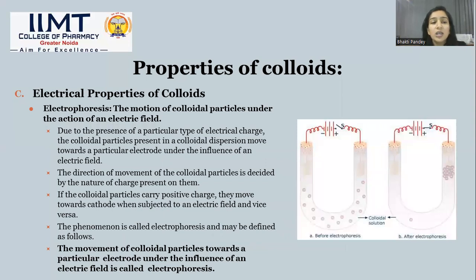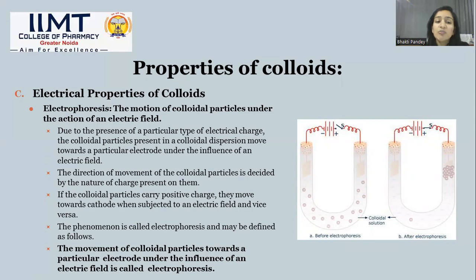Now comes the electrical properties of colloids. In electrical properties, we have electrophoresis. What is electrophoresis? It is the movement of charged particles under the influence of an electric field. Due to the presence of a particular type of electrical charge, the colloidal particles present in the colloidal dispersion move towards a particular electrode under the influence of an electric field.